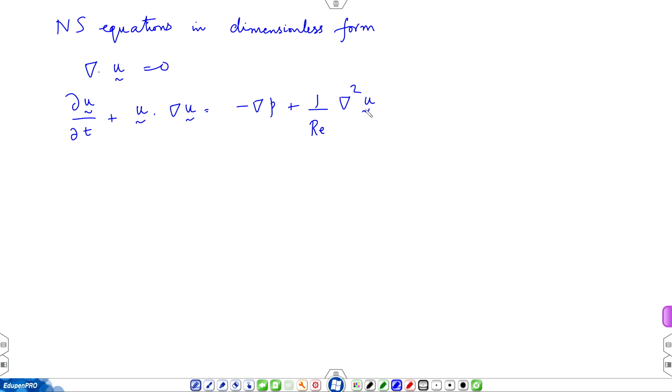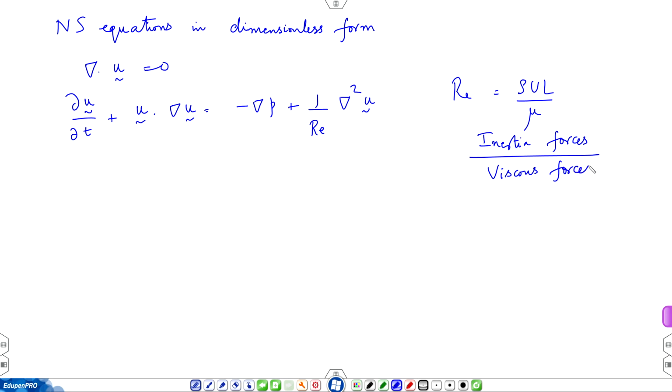So, how do you know it is dimensionless? Because it has the Reynolds number in it, and this Reynolds number is interpreted as the ratio of inertia forces to viscous forces, broadly speaking.